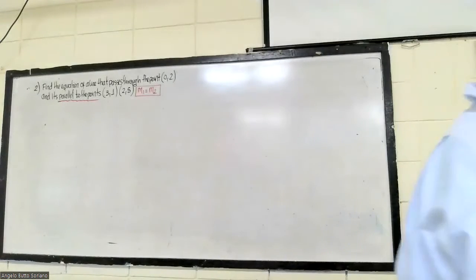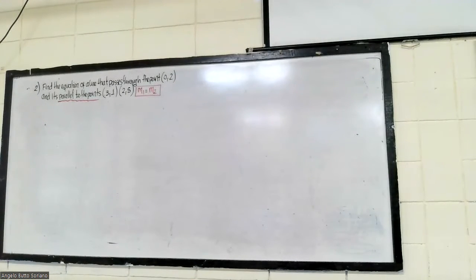Okay, so the first step, what we're going to do, we have one singular point, but we don't have the value for the slope of the line, because the problem mentions the line passes through the point 0,2 and says it's parallel to the points 3,1 and 2,5. So the first step will be to calculate the slope of the first line. All right.